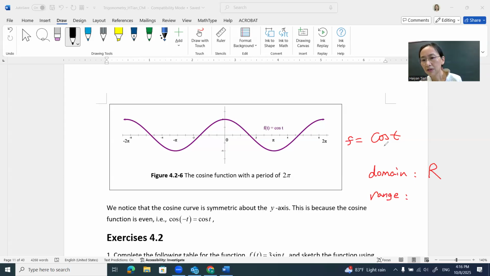All the cosine values can only be between -1 and 1, including -1 and 1. So you can see that the largest value will be +1, the smallest value will be -1, and any value between. Yeah. So that's the basic cosine curve.